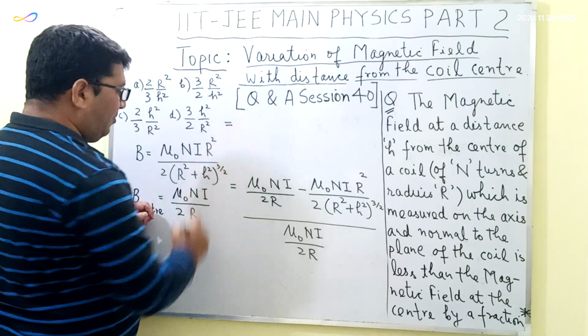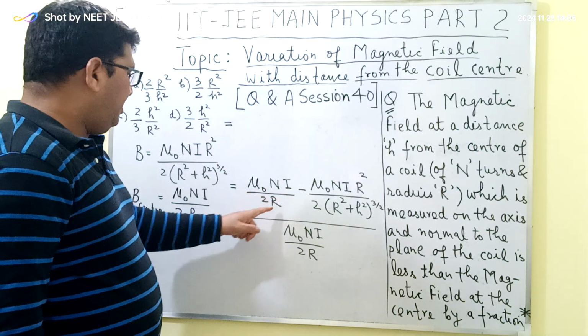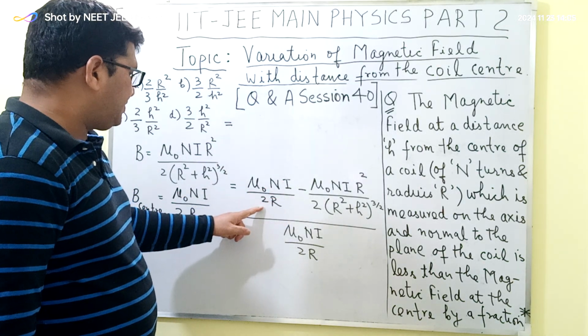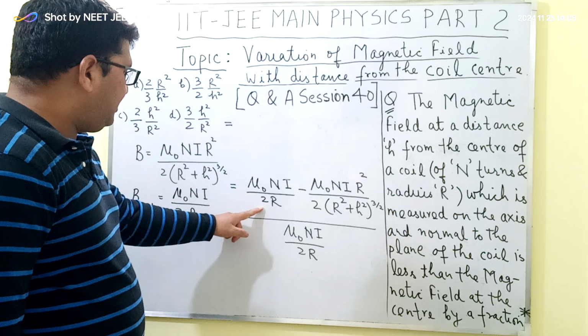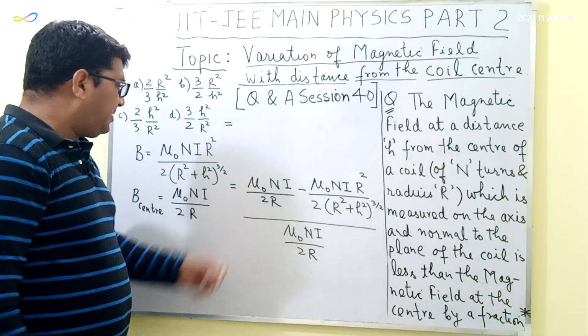So from here, mu naught N I upon 2 can be taken as common in the numerator and the denominator.